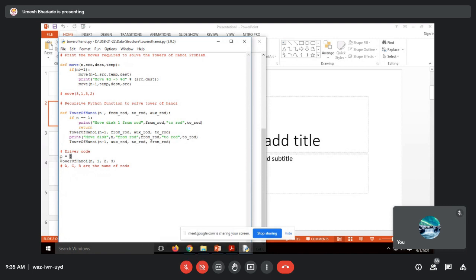And we will call this Tower of Hanoi function by passing the number of diskettes, and this is the pole number 1, from 1 to 2 using 3, right? So this is 1, this is 2, and this is 3. We will transfer from 1, source, to destination using the intermediate one, right? So this function will be invoked.